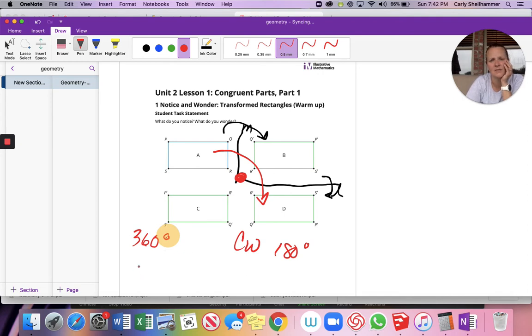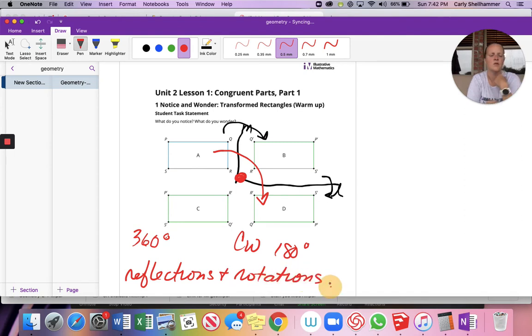So what I notice is I see lots of reflections and rotations here, which take a figure onto a figure. Like the pre-image goes to any one of those images, depending on what we do to it.